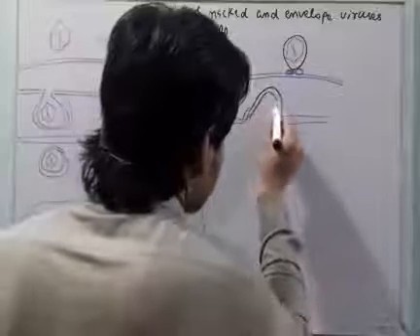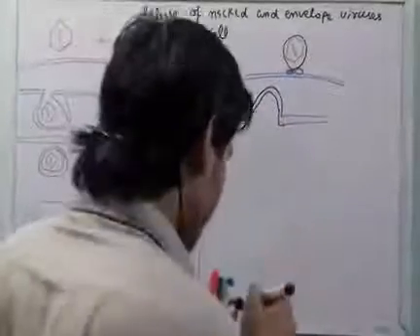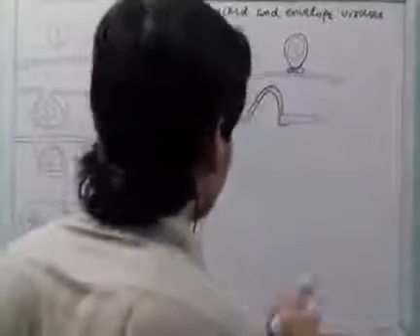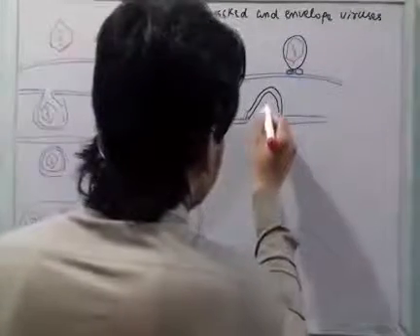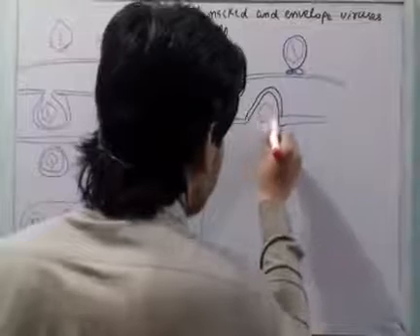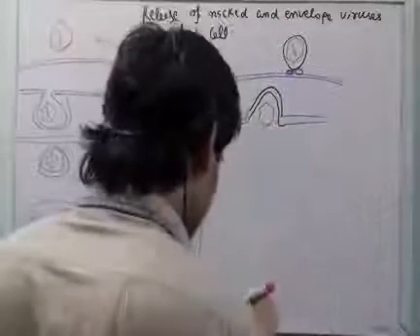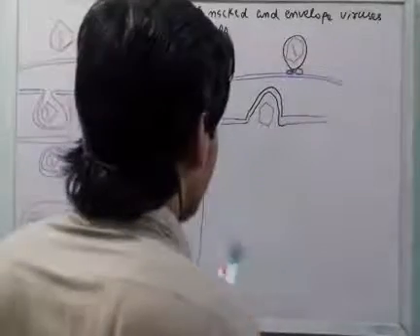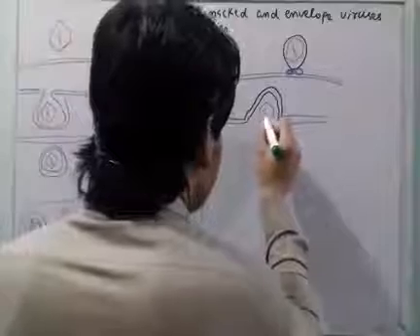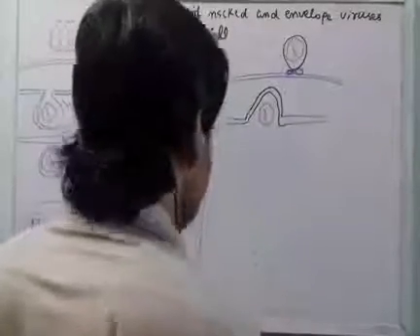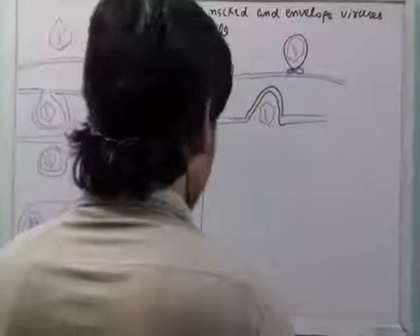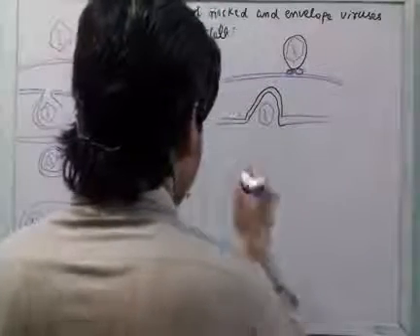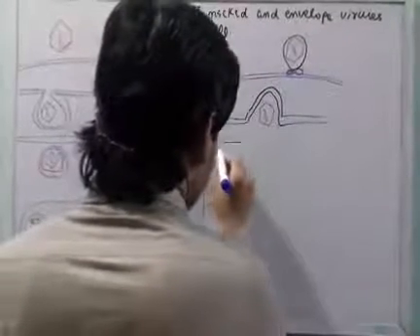So what happens? They just fuse with the membrane, meaning the envelope area of this virus will remain outside, while the capsid area of this virus will enter inside the host cell, having the genetic material. So finally we get the structure just like that. The membrane structure will be just like this.